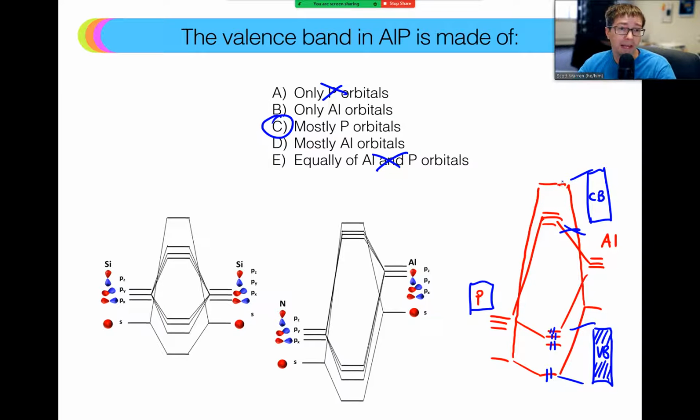So if we were to ask you the opposite question, the conduction band is made mostly of what? You would say the conduction band is made mostly from aluminum orbitals, because aluminum is closer in energy.